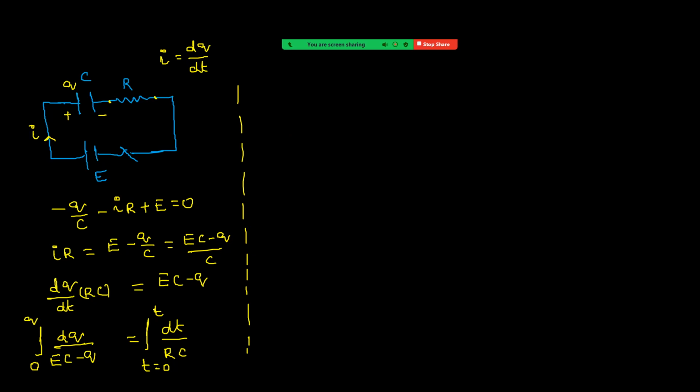Then we get minus ln of EC minus q, with limits 0 to q, that is equal to t by RC.